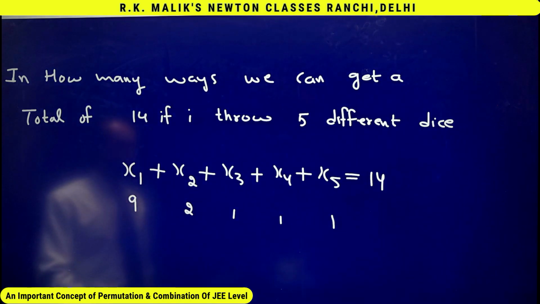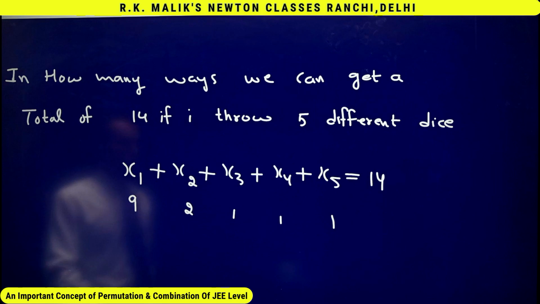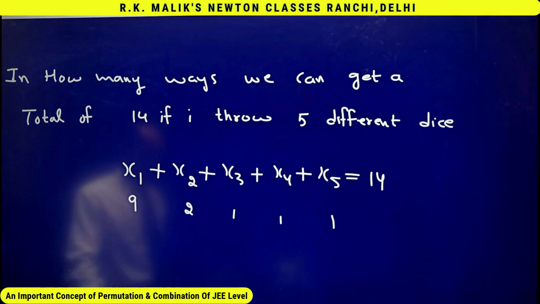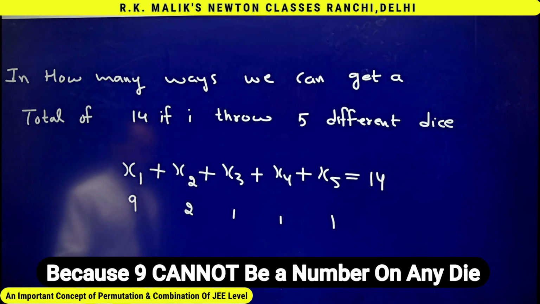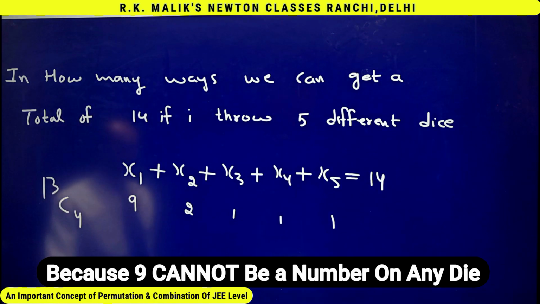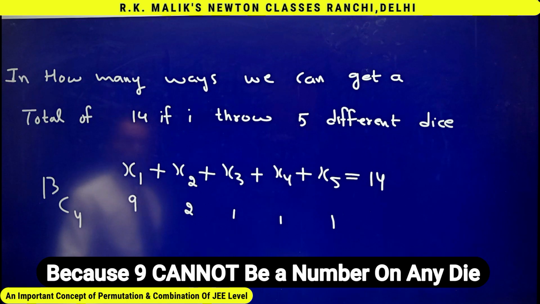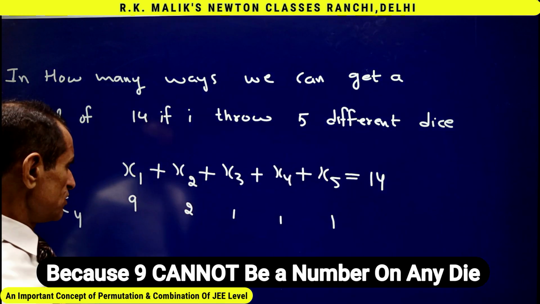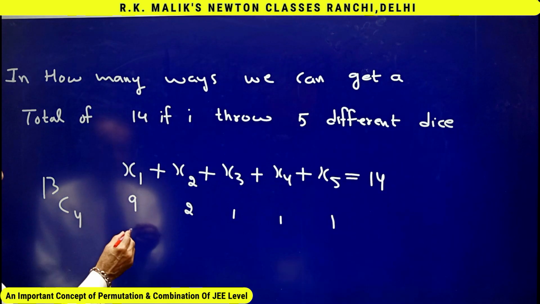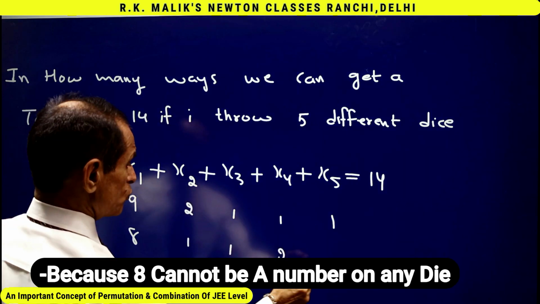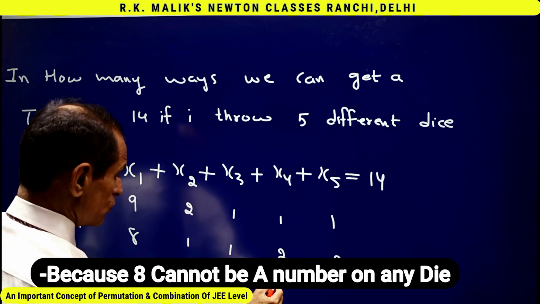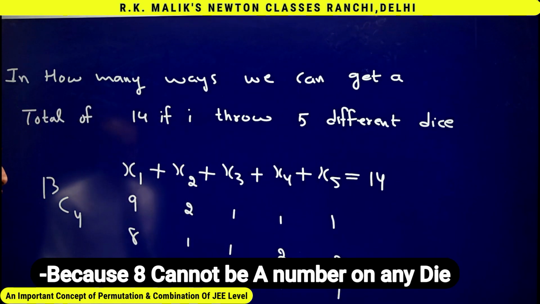If I am finding the number of ways of getting a total of 14 with 5 different dice, this is not allowed. There are so many more such cases in 13C4 which cannot be the result of throwing 5 different dice. For example, 8, 1, 1, 2, 2, and 8, 2, 1, 2, 1, and so many more cases.